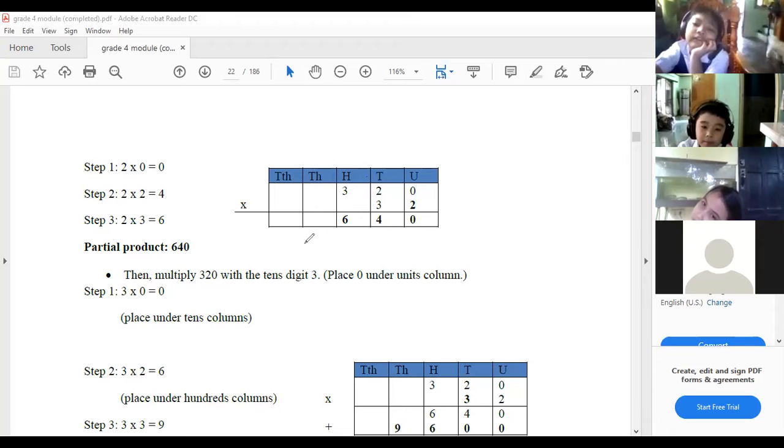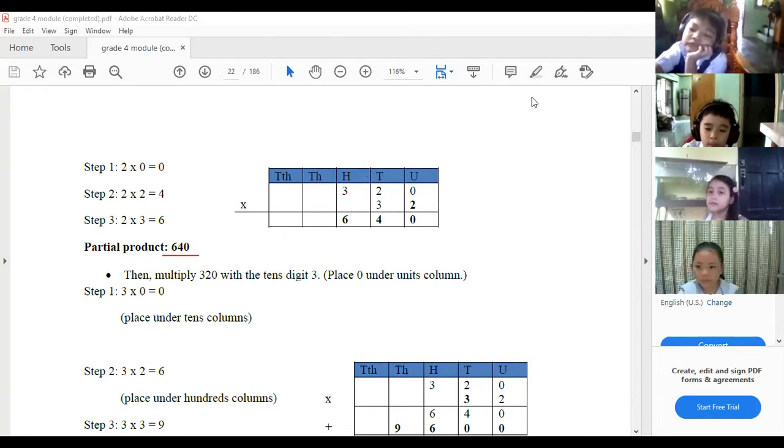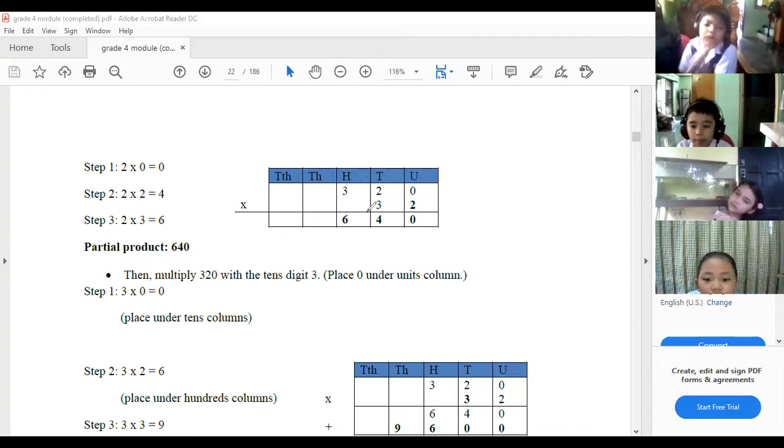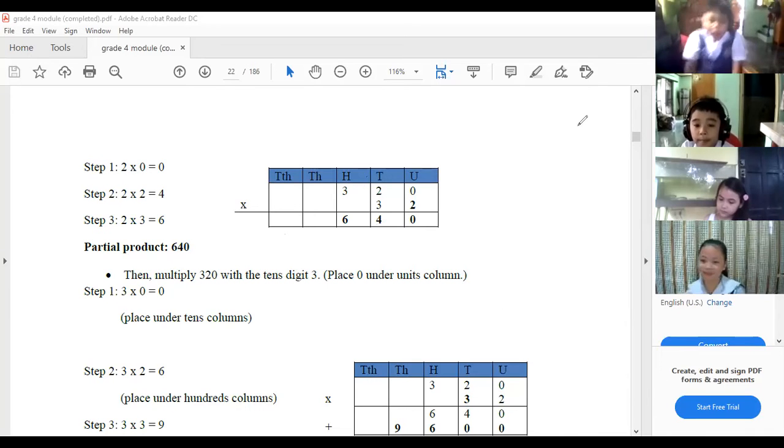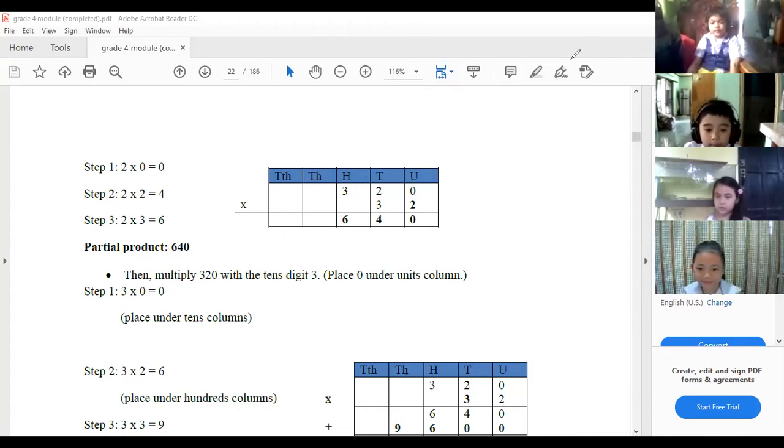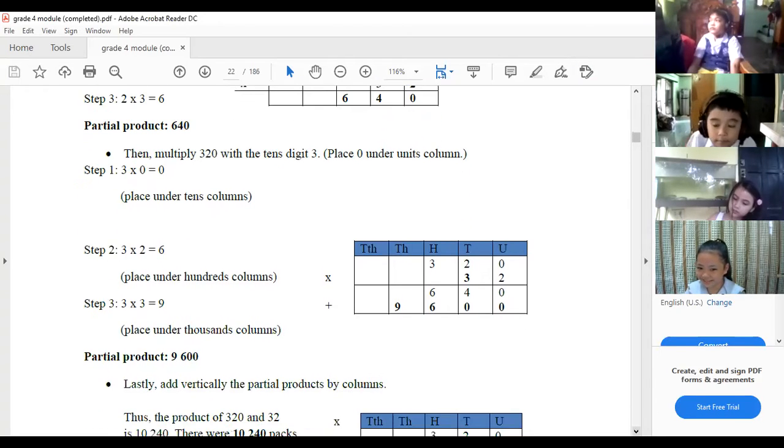Therefore, our answer now, the partial product, is 640. But we still have the 3. I know you already know it, because Teacher Justin is a good teacher in math. So the partial product for multiplying 2 is 640.